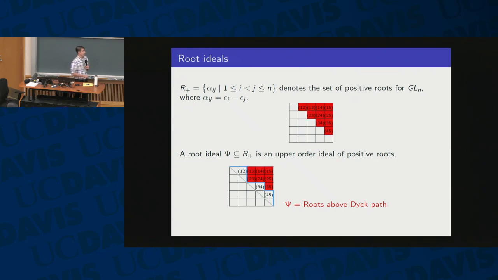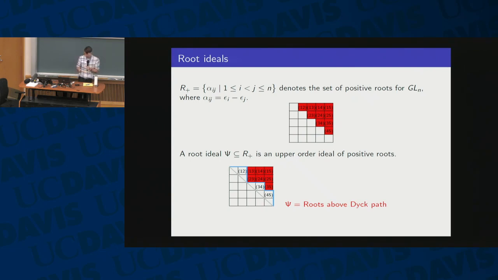So we take some subset or an upper order ideal of these roots and use this to control our combinatorics. And like Jonah said, they're Catalan many for a fixed n, and you can see that by just drawing a Dyck path above the diagonal line there, and you take the roots that are above the Dyck path and exclude the ones below.